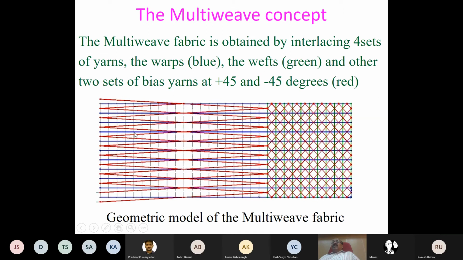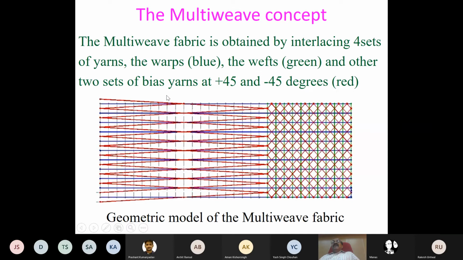As I said, this is warp direction. Normally in our diagrams, for convenience, we use vertical direction as warp, but this diagram is made in such a manner that the horizontal direction is warp, and 2 red warp, 1 blue warp, that is total 3 warp.